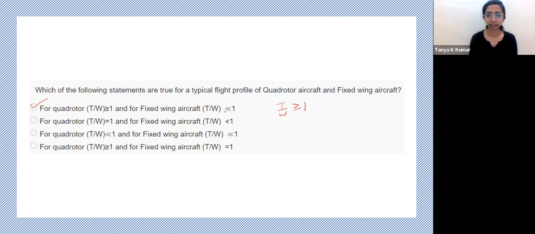For a fixed wing, it is less than 1 because thrust is not what compensates the weight. Lift is what carries the weight of the aircraft. So that is understood. For a quadrotor, if thrust by weight is equal to 1, what does it mean?